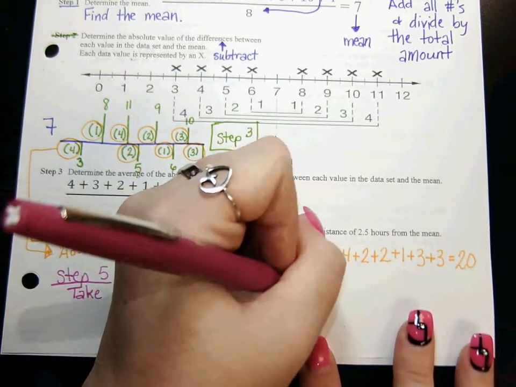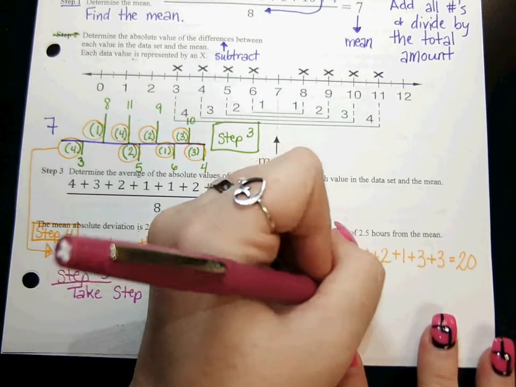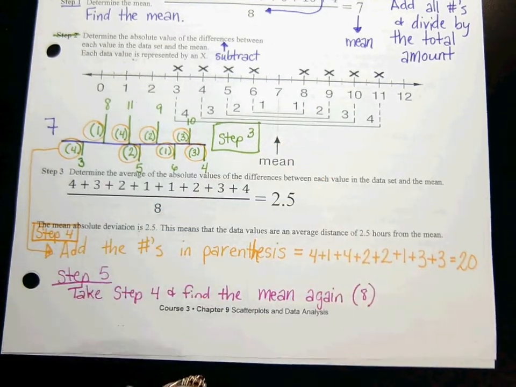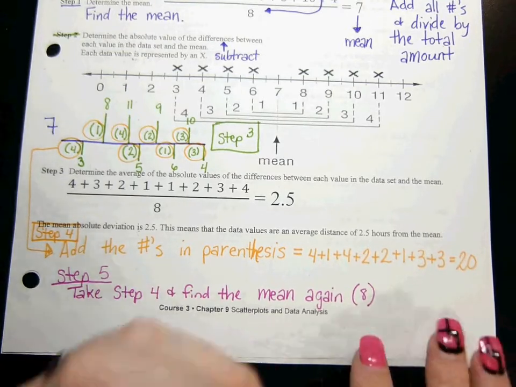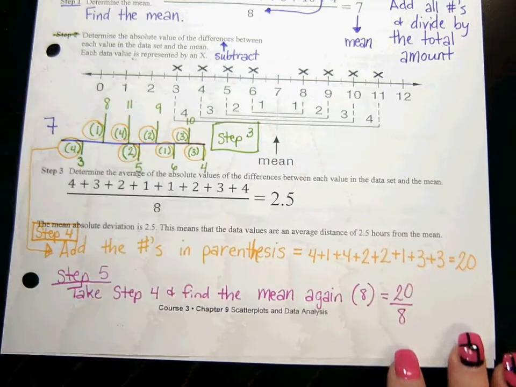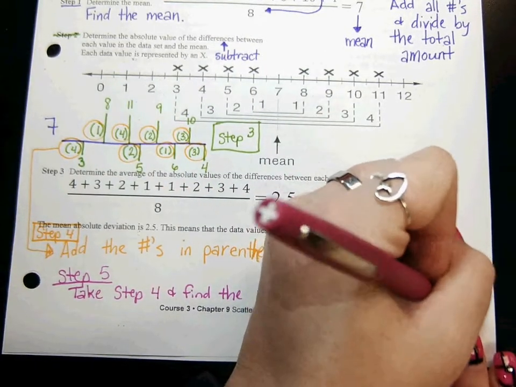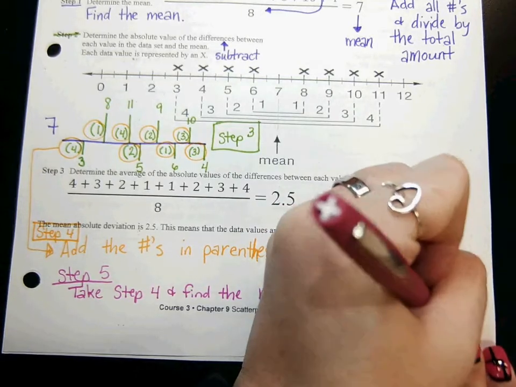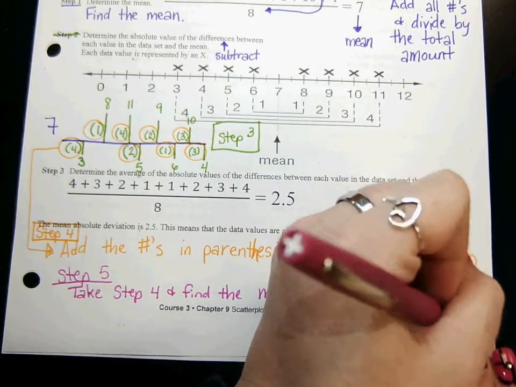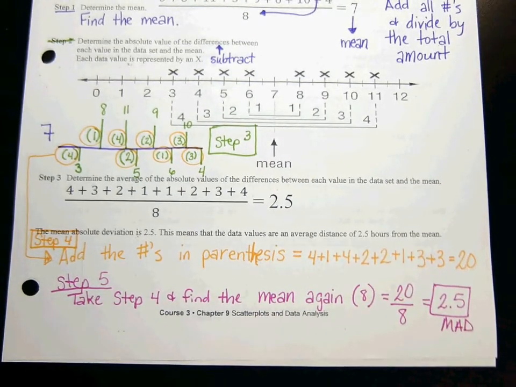How many numbers were there? 8. So there were 8 to start, so there's 8 deviations. Therefore, we're going to take 20 and divide it by 8, which will give you 2.5. And that is your mean absolute deviation. Okay, turn it over when you're done.